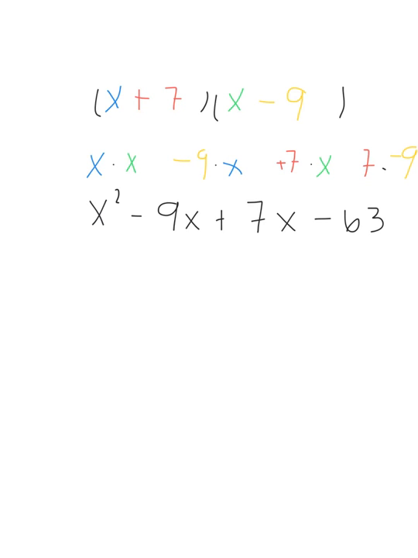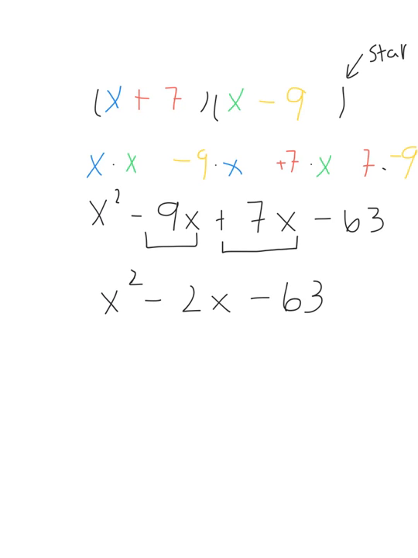And we would combine our two middle terms. We get x squared, and then negative 9 and positive 7 is negative 2x, and then negative 63. So in our last video we started here and we ended here. In this video we're going to do the exact opposite.